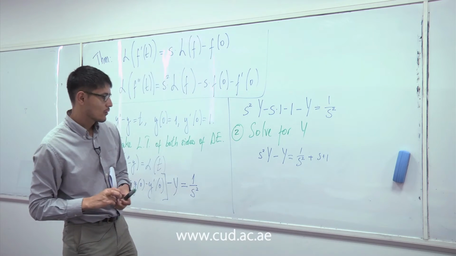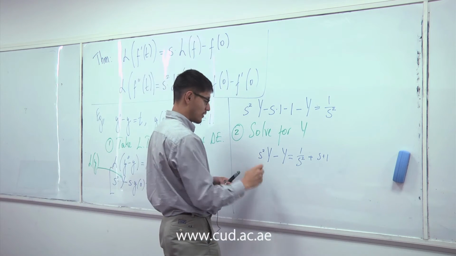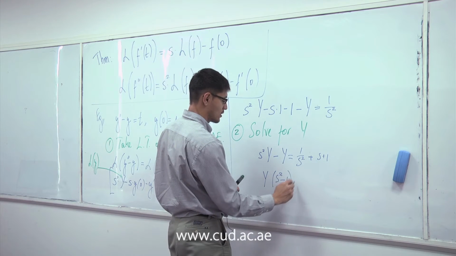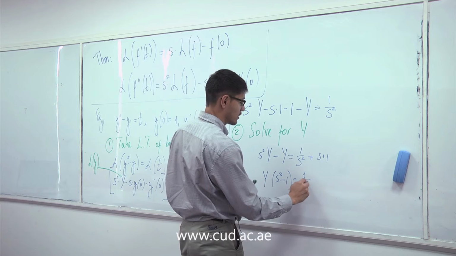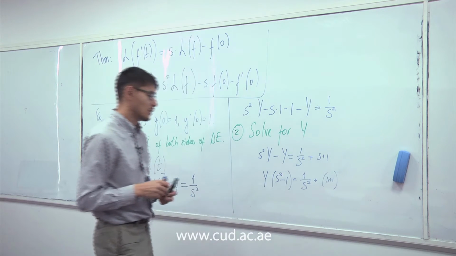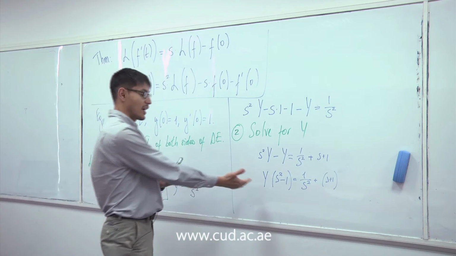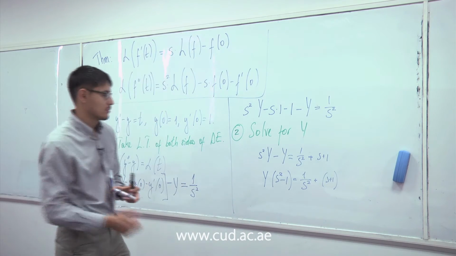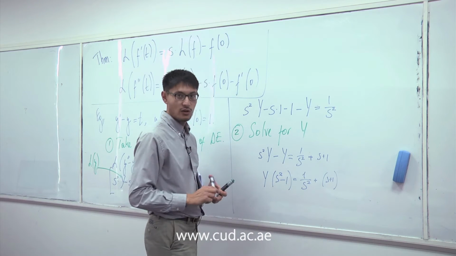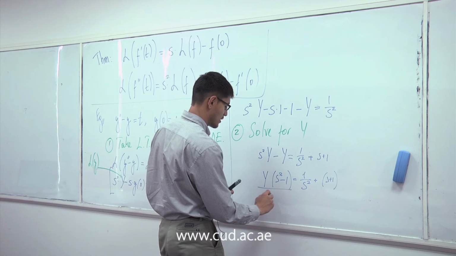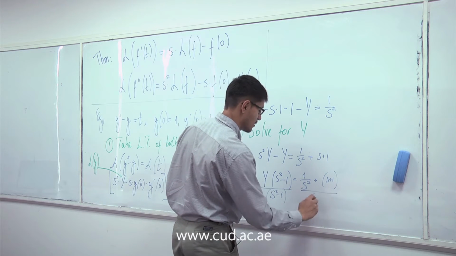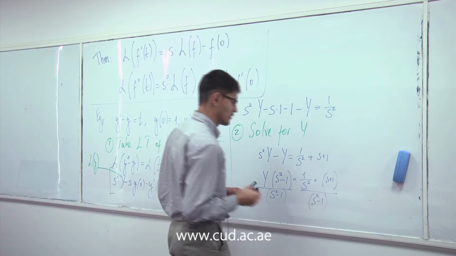Okay, and now I can factor out capital Y on the left-hand side. We'll get Y times s squared minus 1 equals 1 over s squared plus s plus 1. And if we want capital Y, we just have to divide both sides of the equation by s squared minus 1. So divide this by s squared minus 1 and divide this by s squared minus 1.